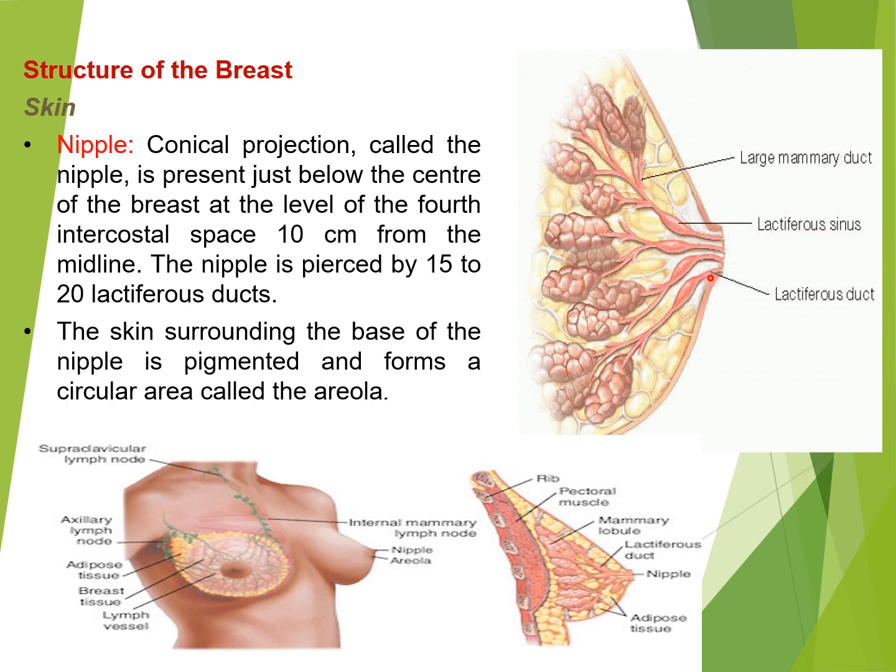The circular muscle erects the nipple for suckling, whereas the longitudinal muscle retracts the nipple.